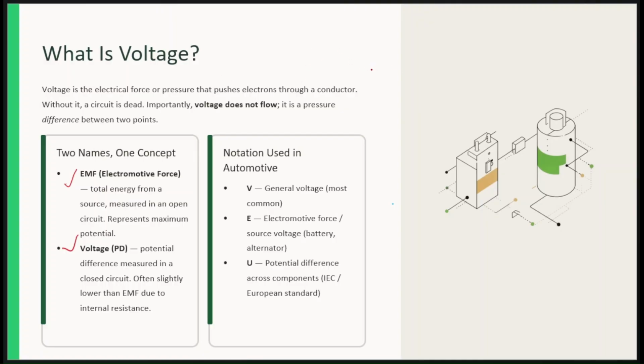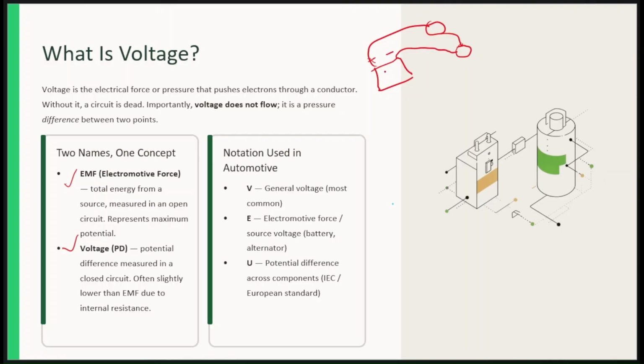Let us consider a small circuit which has a battery. You know that there are two terminals, one positive and the other negative. Let us connect it to a load. A load is nothing but a consumer of electricity. So if you ask what is the electromotive force, it is the difference in pressure between the terminals of the source of current.